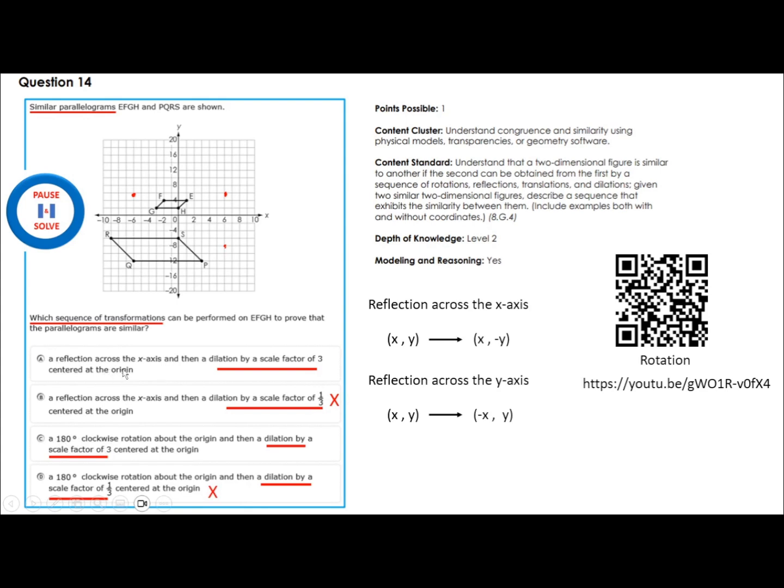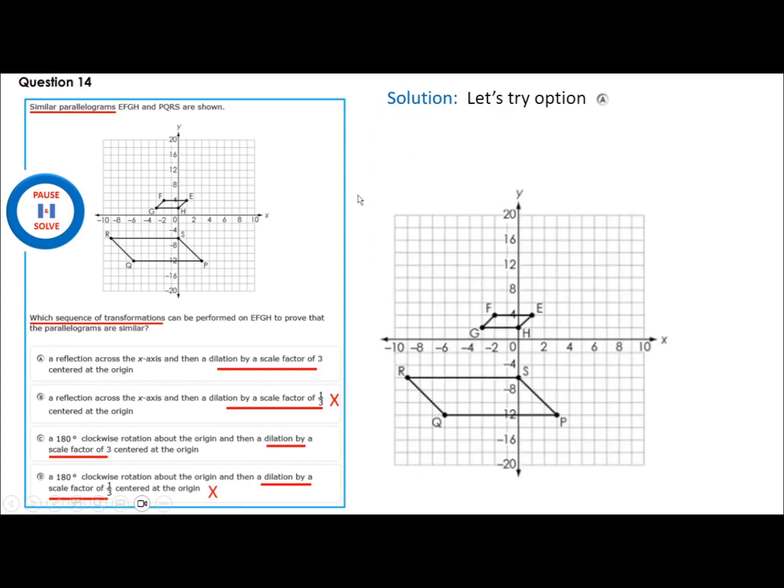Let's look at option A. Reflection across the x-axis. So x does not change, only y changes, see? So you get this. Now, dilation by a scale factor of 3, so we're multiplying everything by 3.